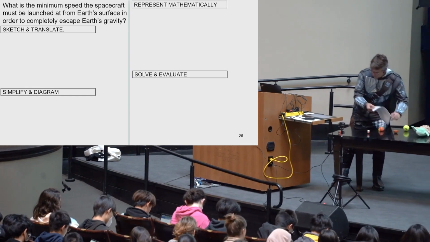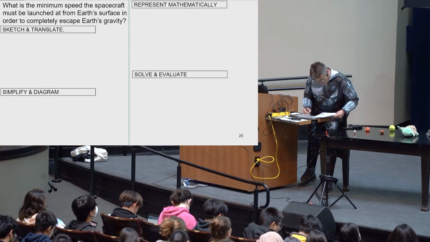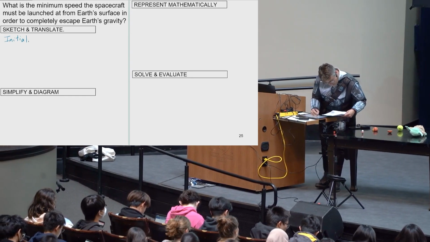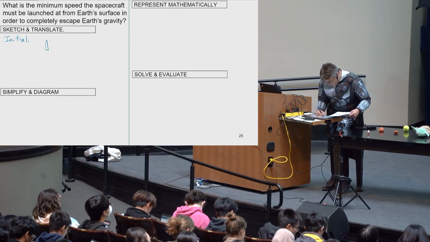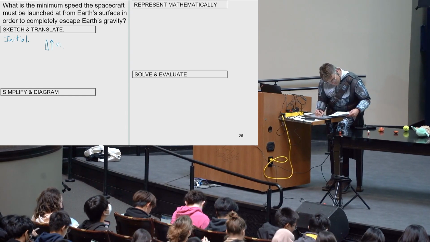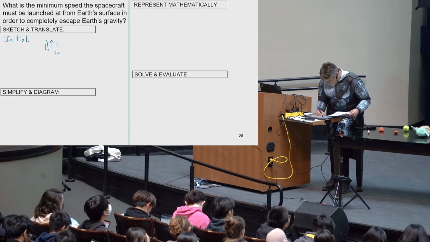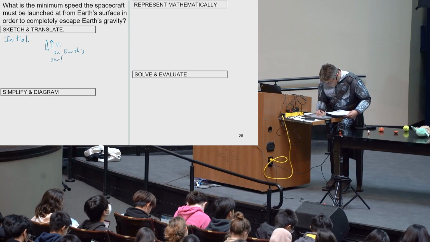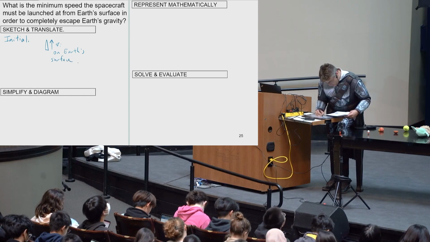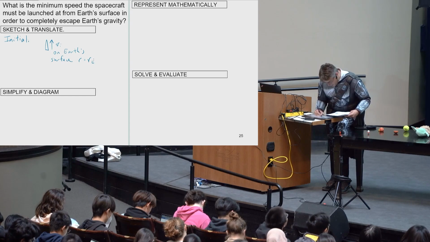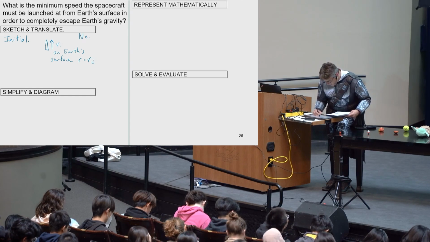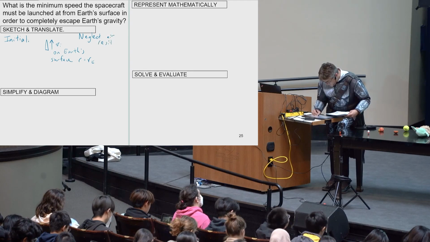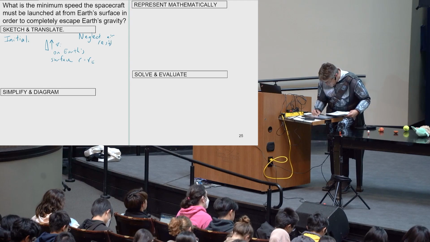So we do it like this. Initial: you've got V initial on Earth's surface, so you've got r equal to R sub E. We're going to neglect air resistance.